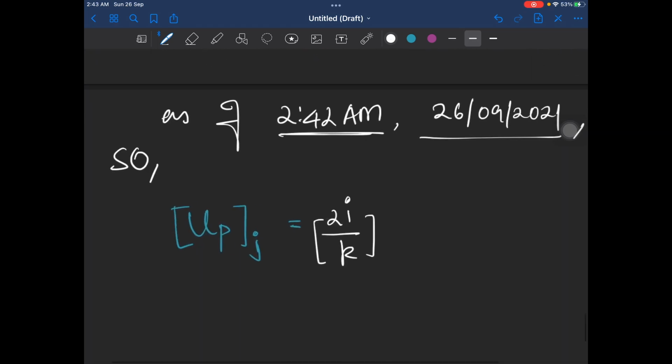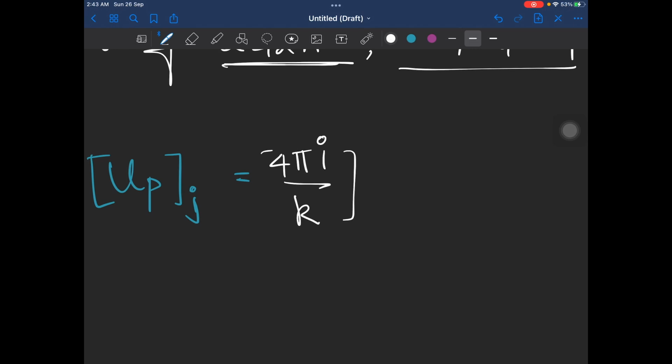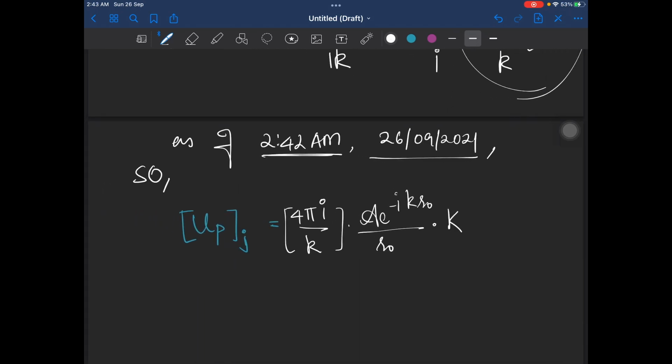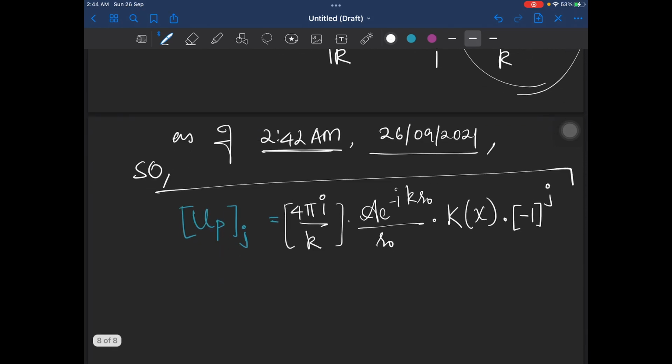Okay, we still have 4 pi. We will include this 4 pi i by k times e^(-ikr naught) by (r naught plus b) times our lovely chi times (minus 1)^j. This is it.